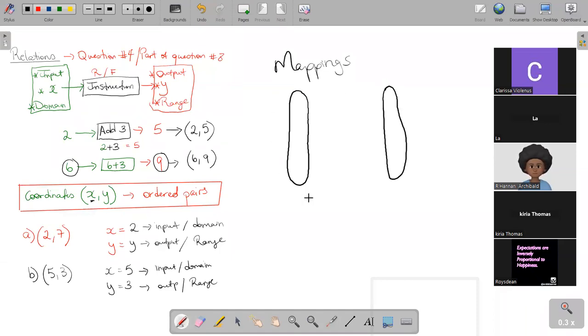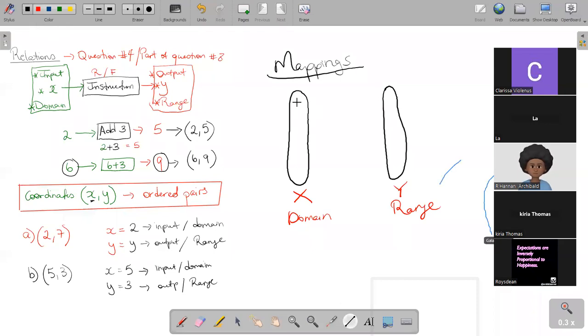And which do you think comes first, the X or the Y? Excellent. So this circle would represent our X, or we would call it what? The domain. And the second circle would represent our Y, which is called the range. Pretty easy, right? Then you would have a set of numbers in your domain.